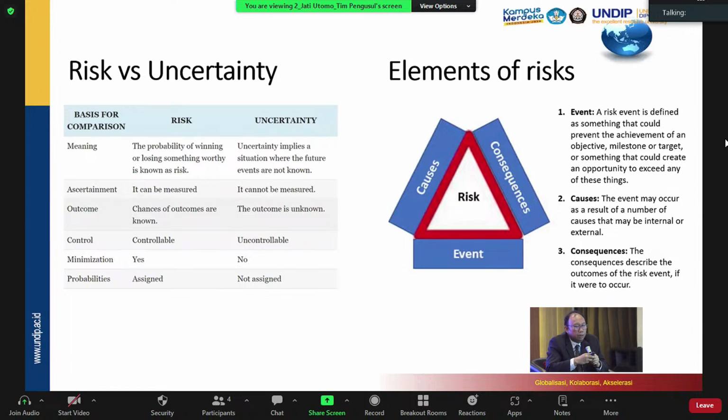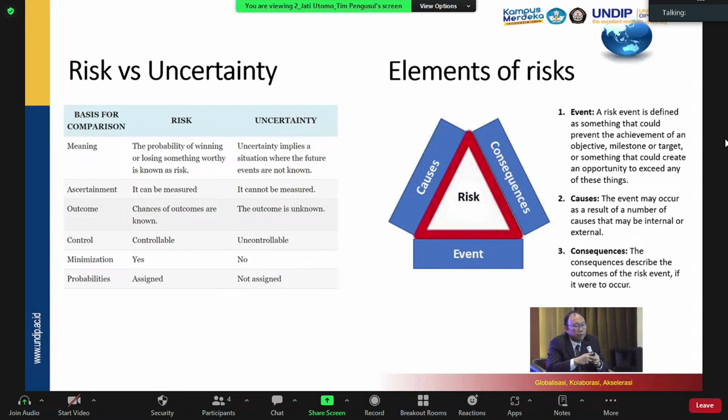So of course, risk versus uncertainty is a common question, where we can say that risk always contains uncertainty, but not all uncertainty is risk, depending on whether or not this uncertainty will deviate you or prevent you from achieving an objective. And there are three elements of risk: the event, the causes, and the consequences.